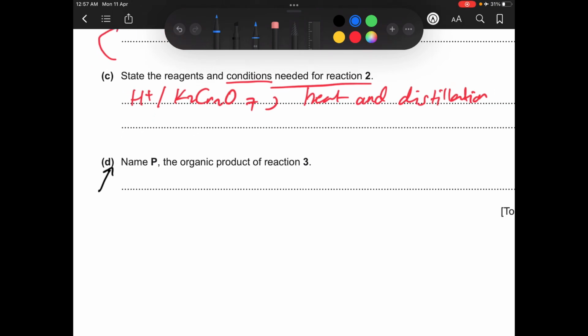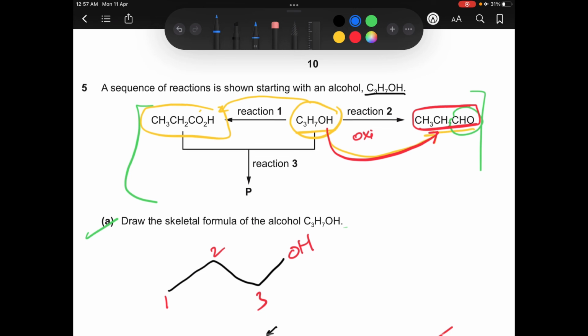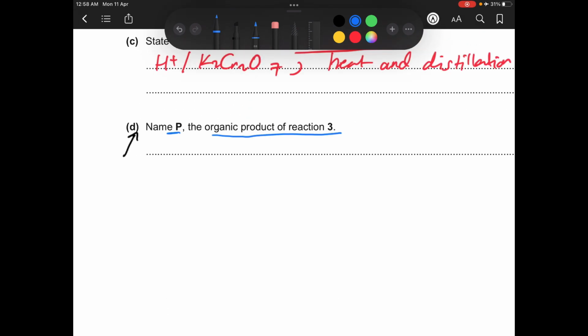It says, name the organic product P of the reaction. Let's go and see P. You have alcohol and you have carboxylic acid. It's composed of 3 carbons and it's composed of 3 carbons. So probably it's an ester, and this reaction is condensation. You can draw it in this form: CH3, CH2, C double bond O, OH, and CH3, CH2, CH2, OH.